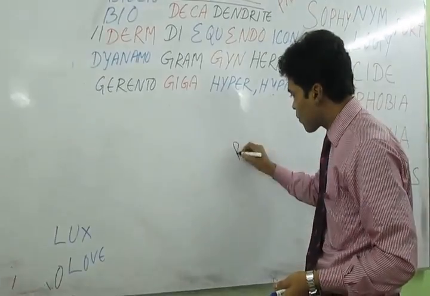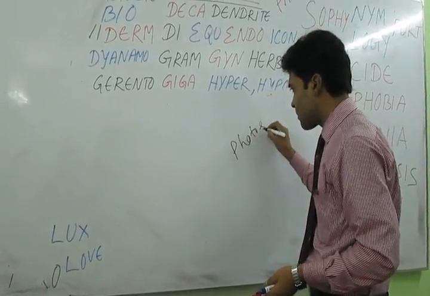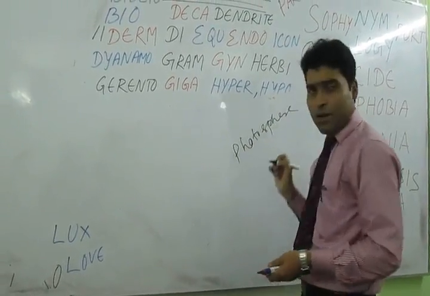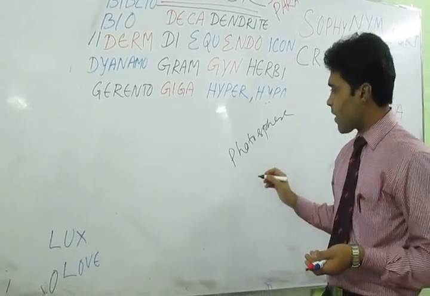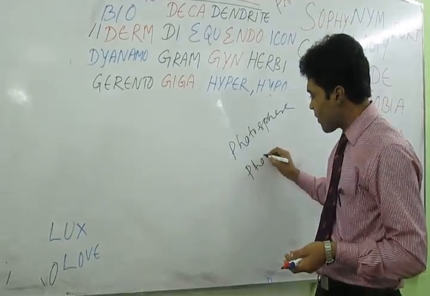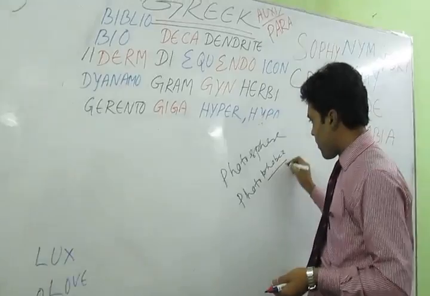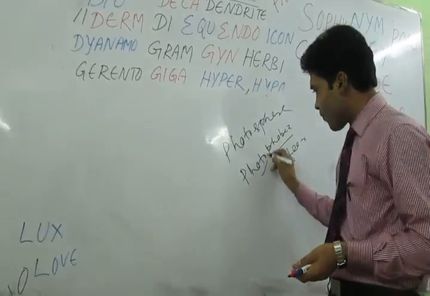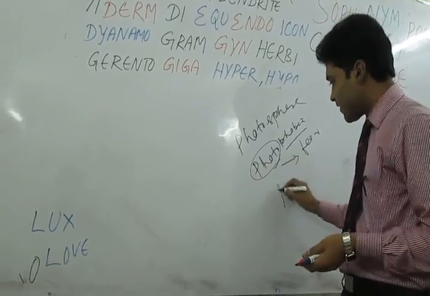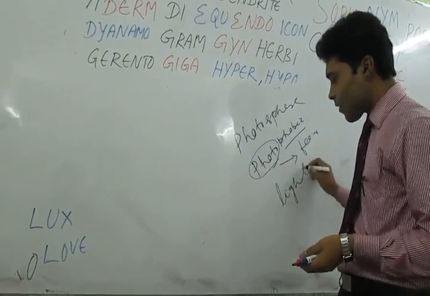If I say photosphere, that means light sphere, which is in the sun. And if I say photophobia, phobia means fear. So photophobia means fear of light. If you fear light, that is photophobia.